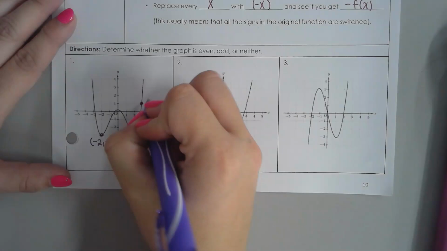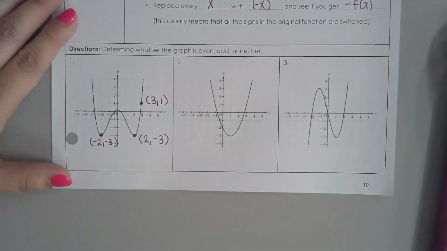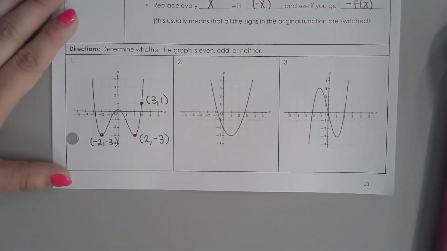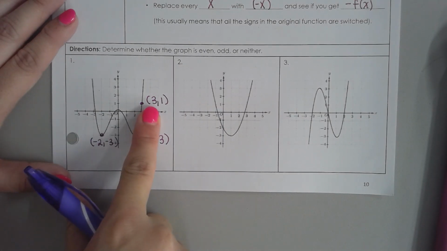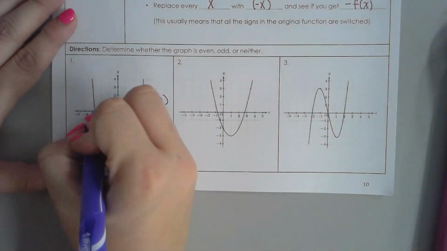I have the point (3, 1). If it is even, I should also have the point (-3, 1). And I do.